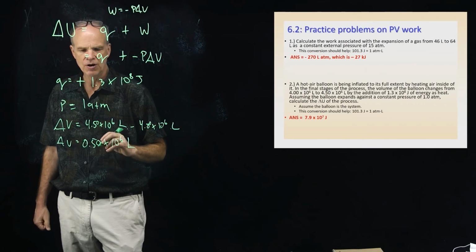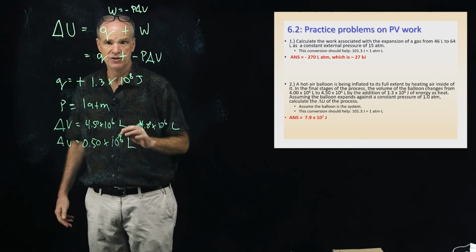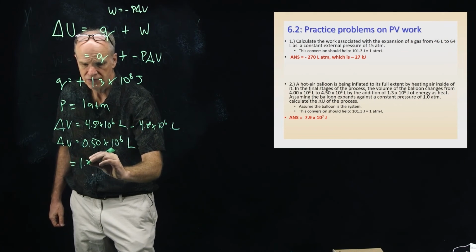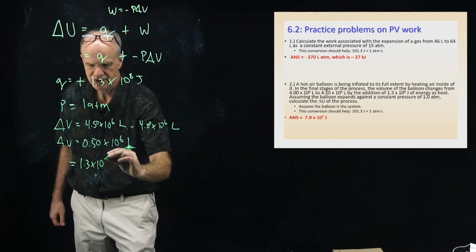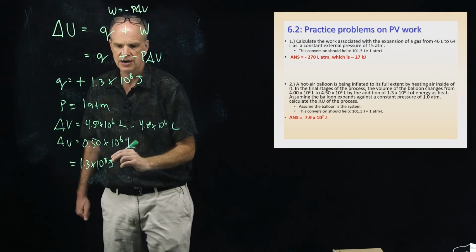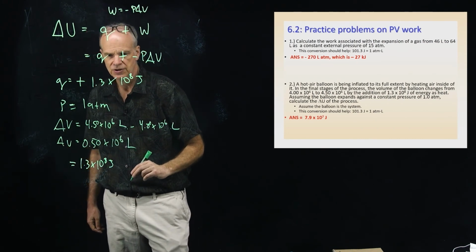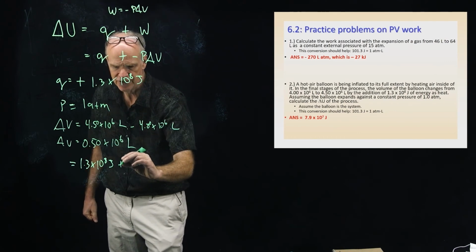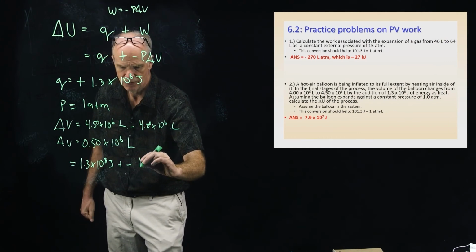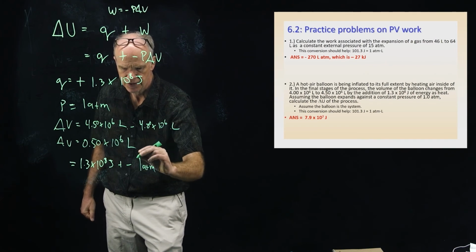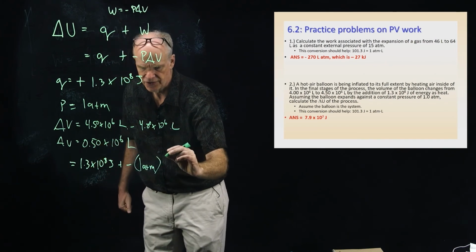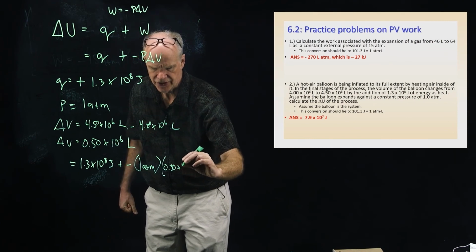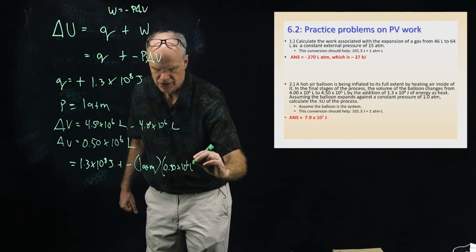Okay. So what we're going to do is just put these numbers into the equation. So Q is 1.3 times 10 to the 8 joules. And then we're going to work out P delta V. So it's going to be plus a negative P, which is 1 atmosphere, and delta V is 0.50 times 10 to the 6 liters.